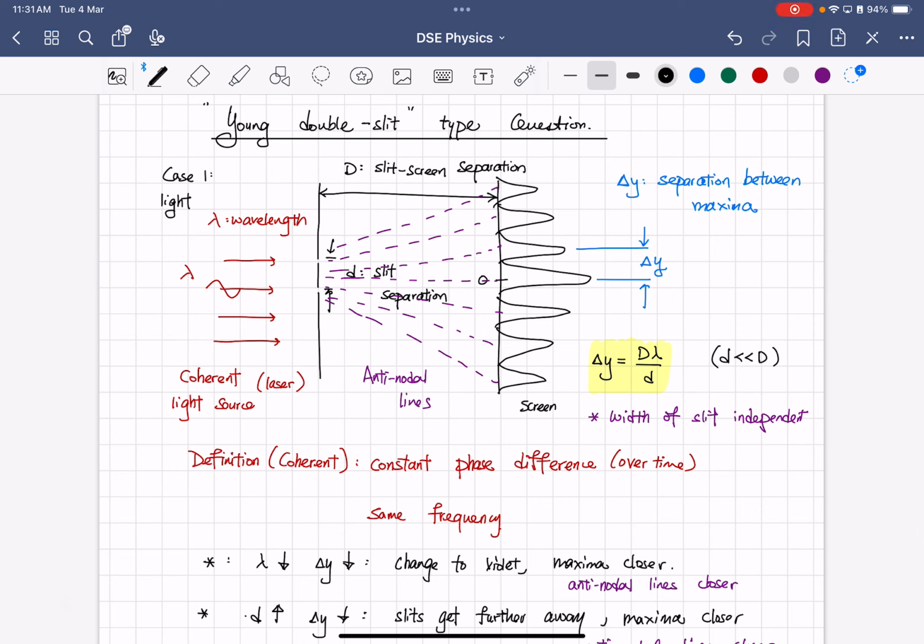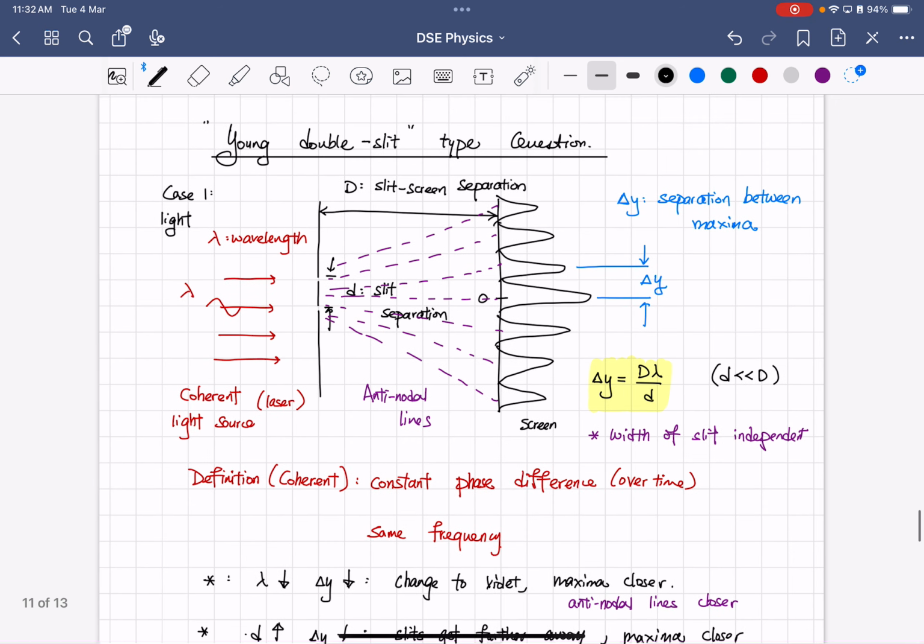This one, you have all the lengths. You even have the slit screen separation, and the slit separation. Then you can use this formula. All these 3 types of questions are about double slits, because they are about 2 sources in the questions.